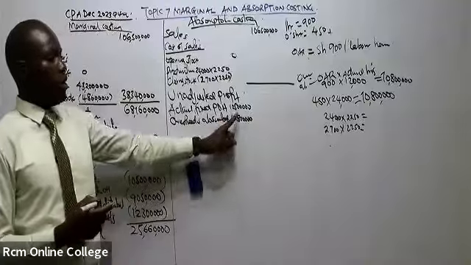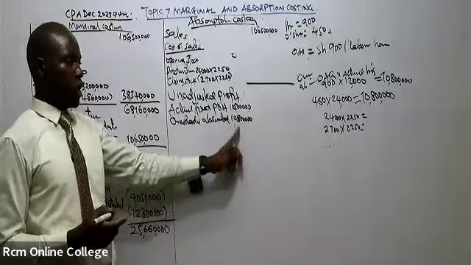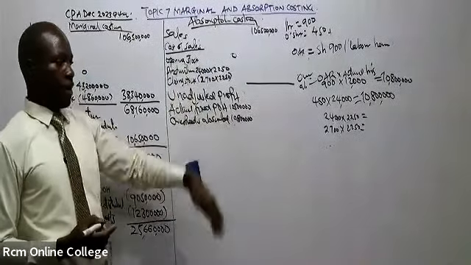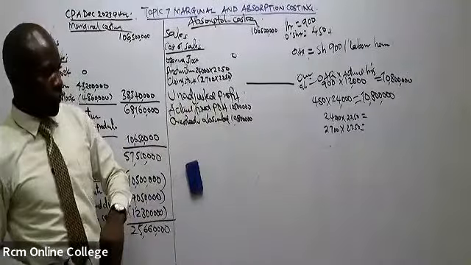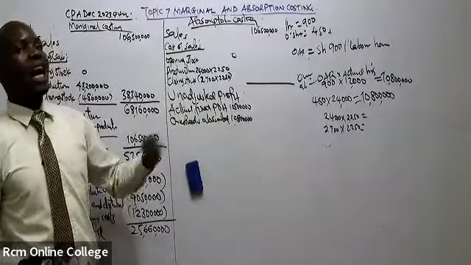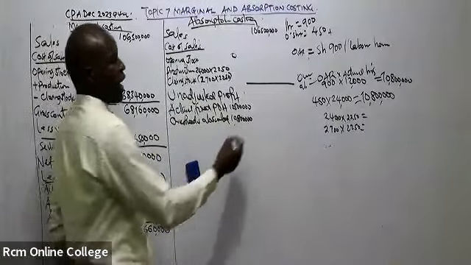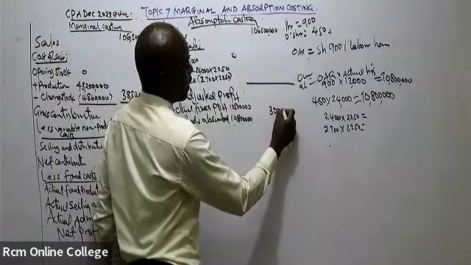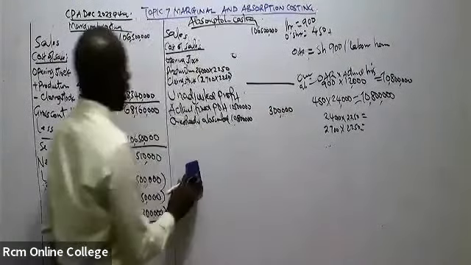The actual is 10,500,000 and the absorbed is 10,800,000. There is over absorption by 300,000. When you absorb more expenses, the profit will be reduced. So we add back the over absorption, the 300,000.